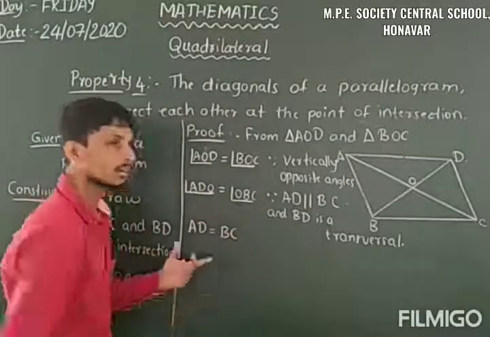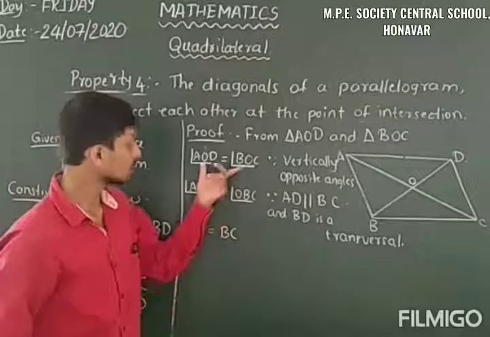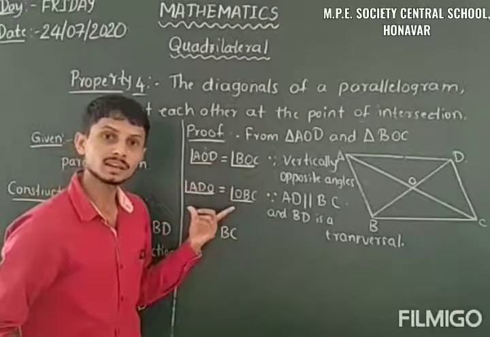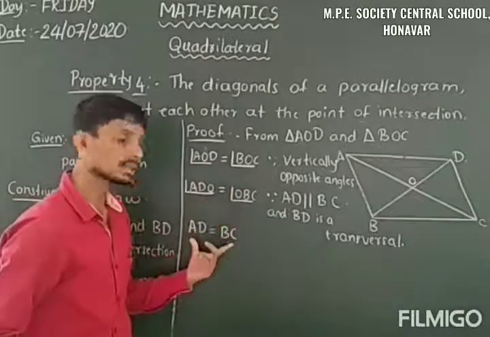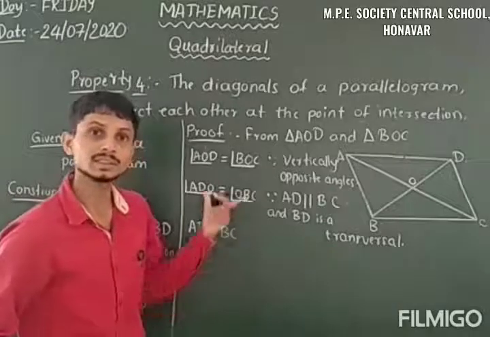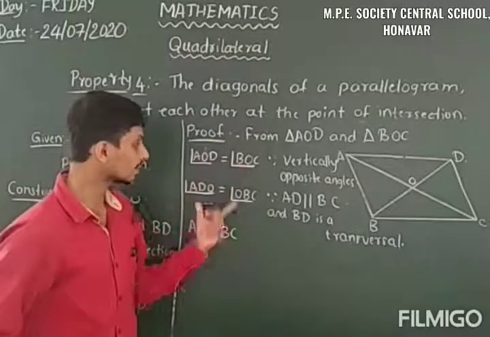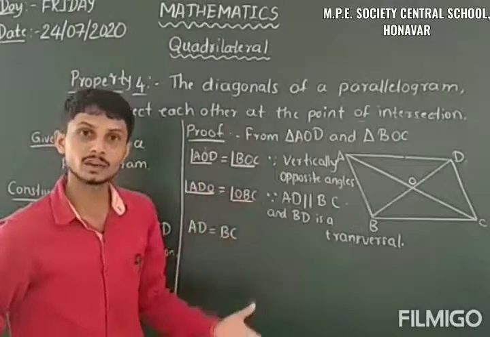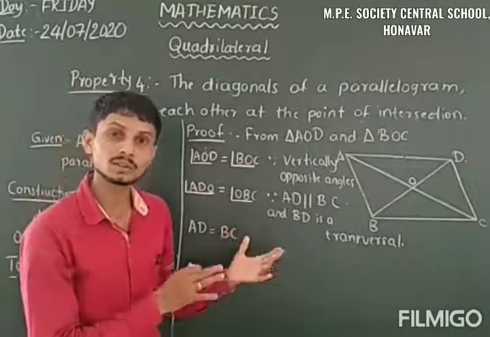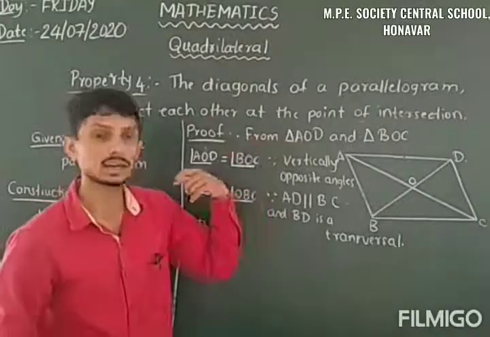We want one side only here. So here we got one angle, here also we got one angle, and we want one side to be equal. That means it is the angle side angle criterion, and according to that we have to say that both the triangles are congruent.